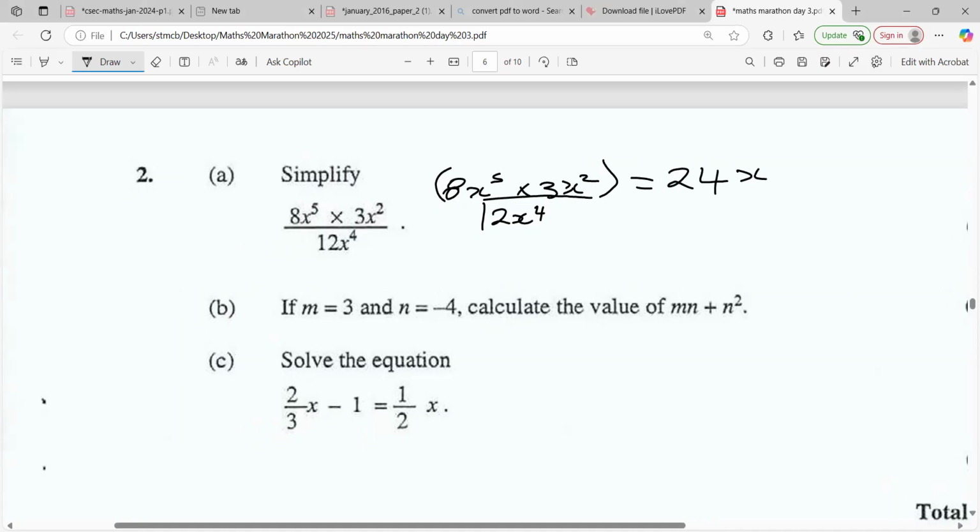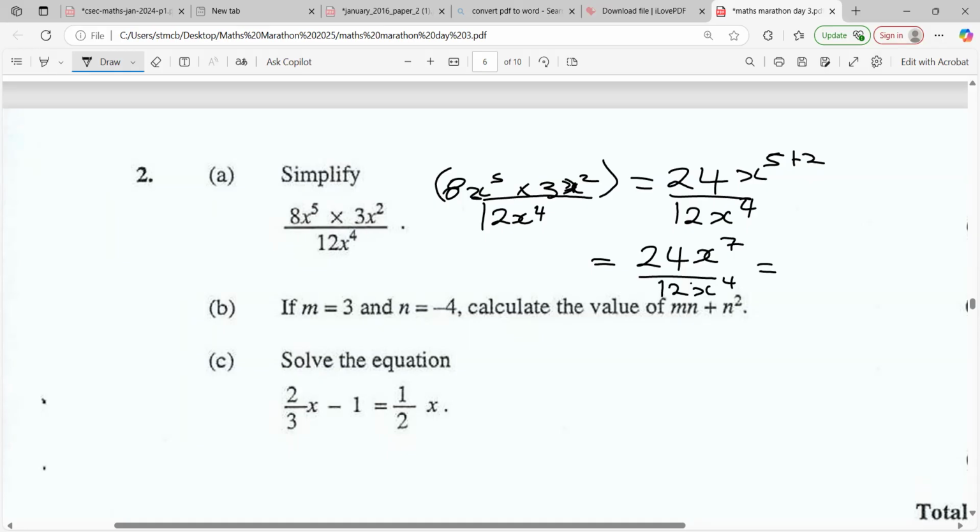Now, the rule says when you have the same base, you add the powers, right? So it will be 5 plus 2, 7, and then we divide by 12x to the 4th.